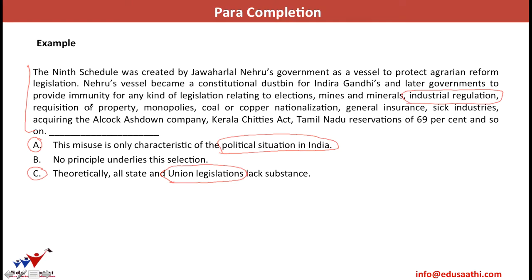The entire passage discusses the legislations related to elections, mines, minerals, and industry, property, monopolies, coal, copper, general insurance, sick industries, etc. It's just related to the legislations that are related to factories or industries, right? So it's discussing the industrial regulations and not the entire union legislation, because the union or state legislation not only includes industrial regulations but many other things apart from that.